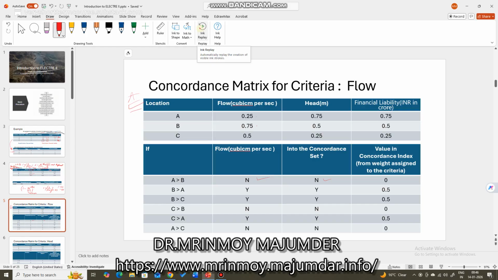So A is not greater than B, so no into the concordance set. Value in the concordance index, 0.